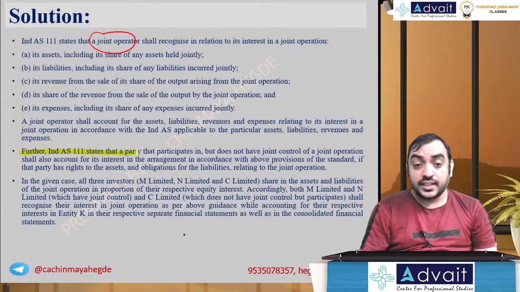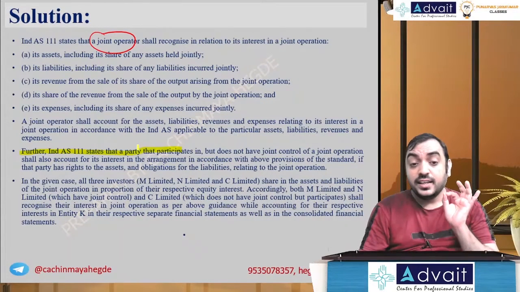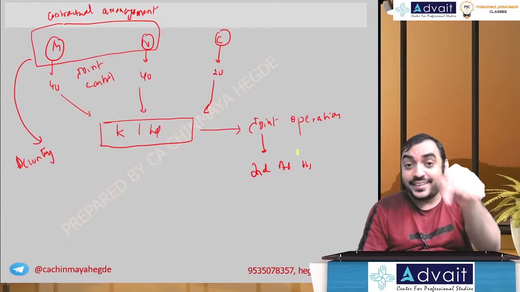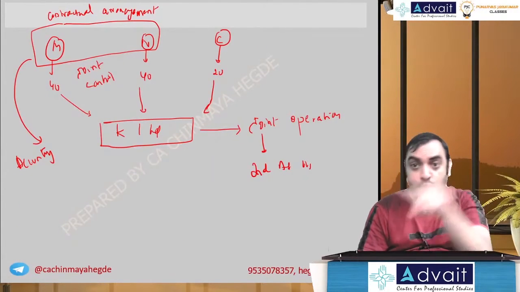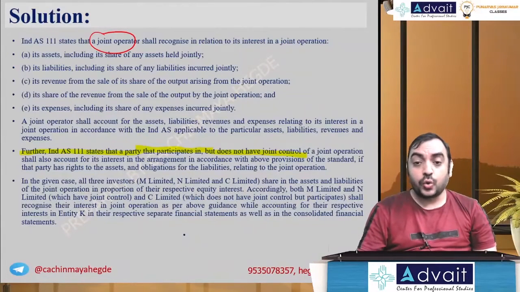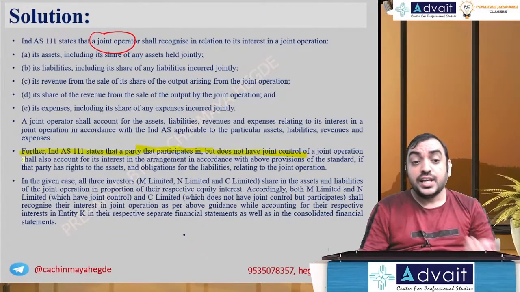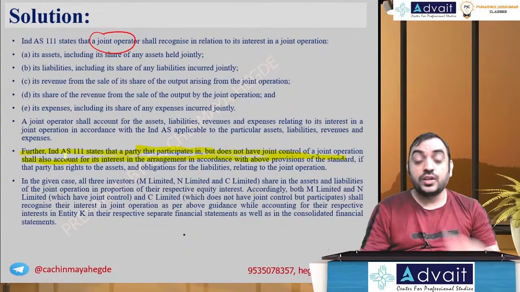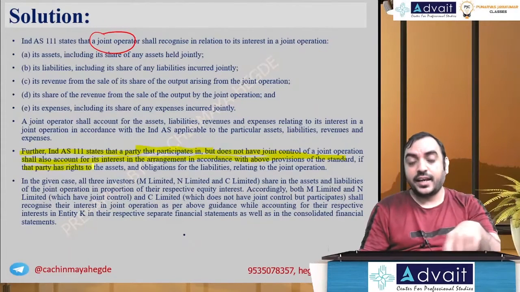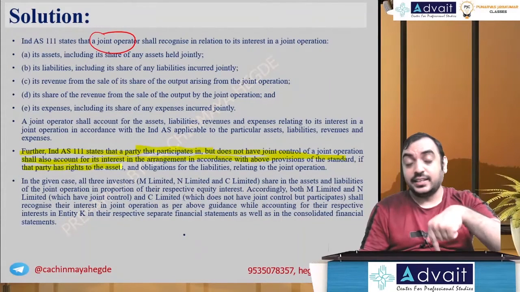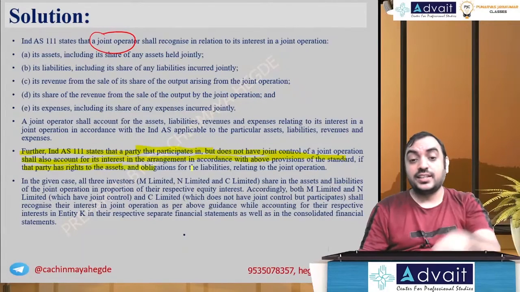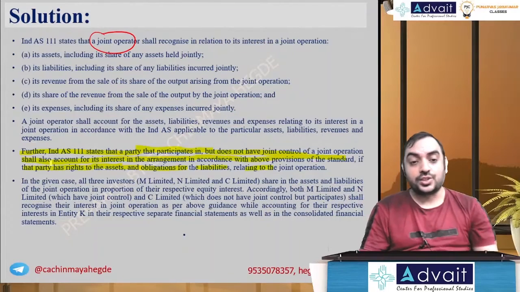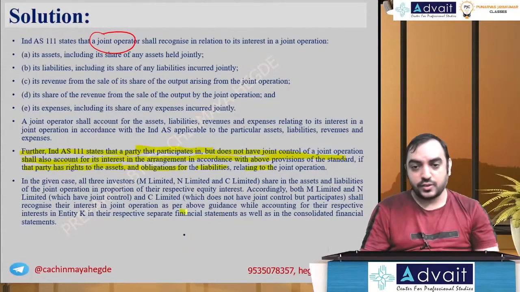Ind AS 111 states that a party that participates but does not have joint control, entity C, participates in this operation but does not have joint control of the joint operation, shall also account for its interest in the joint operation according to the above provisions. If the third party has the rights to the assets, yes, C Limited has the rights to the assets and obligations for the liabilities relating to the joint operation. So in the given case, all three investors will be accounting for it.